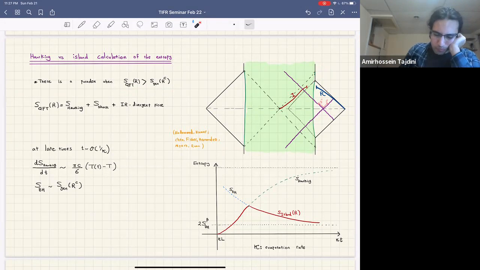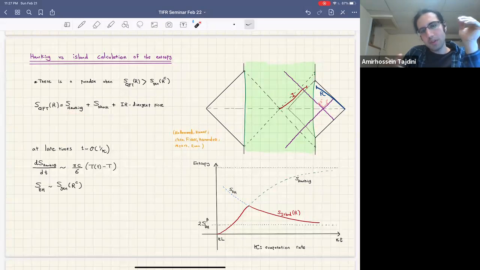When you calculate this entanglement entropy of region R, there will be different pieces. There will be a term which is Hawking, from the modes that are absorbed. There will be another interesting piece, which we didn't really analyze, which is the entanglement entropy between these shocks that we inserted.